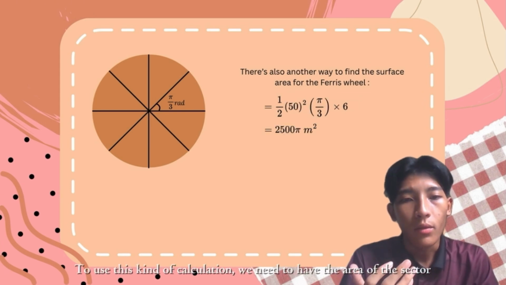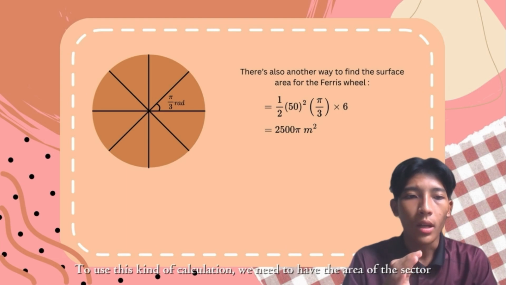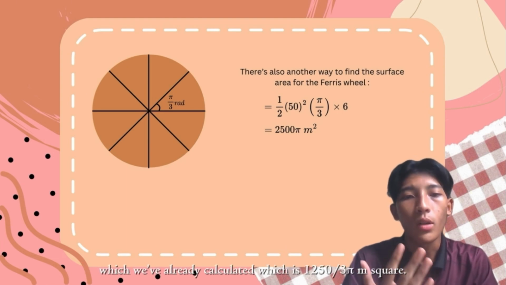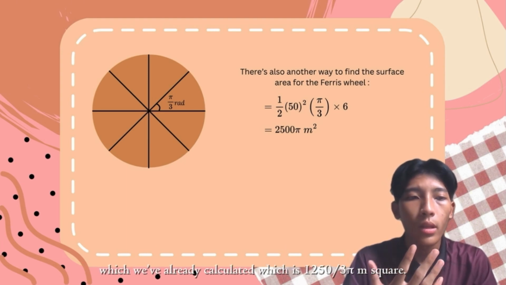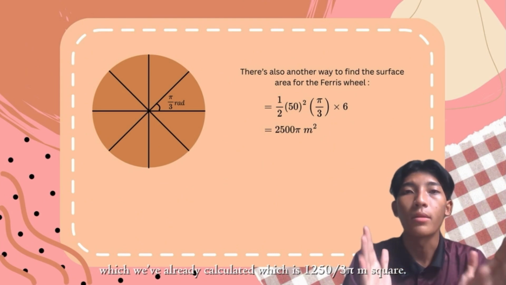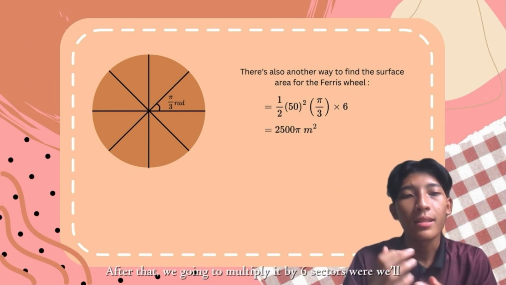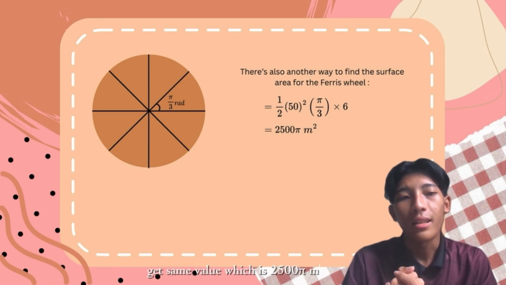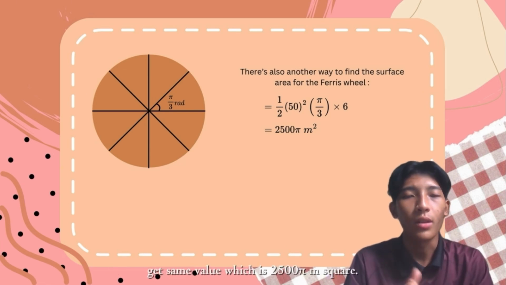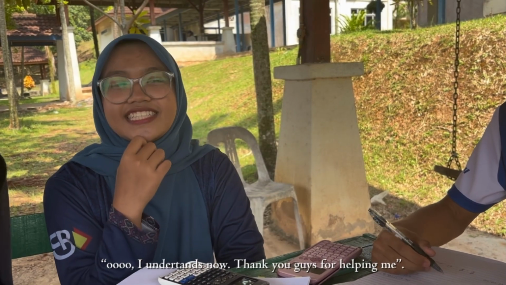To use this kind of calculation, we need to have the area of the sector, which we've already calculated, which is 1250 over 3 pi meter squared. After that, we are going to multiply it by 6 sectors, where we'll get the same value, which is 2500 pi meter squared.